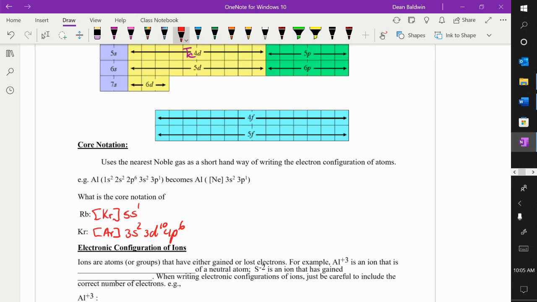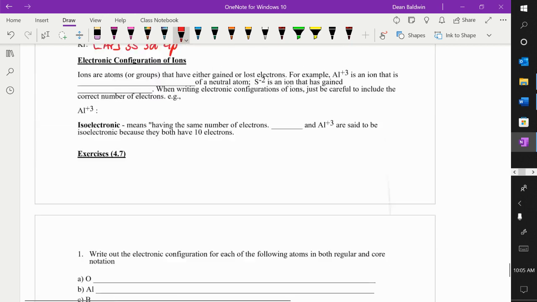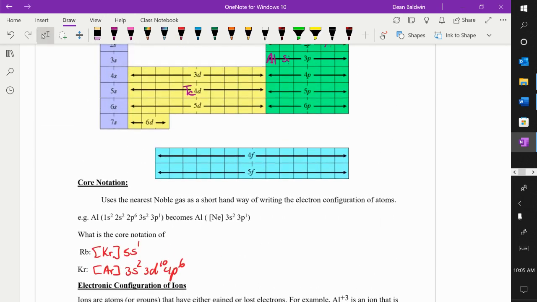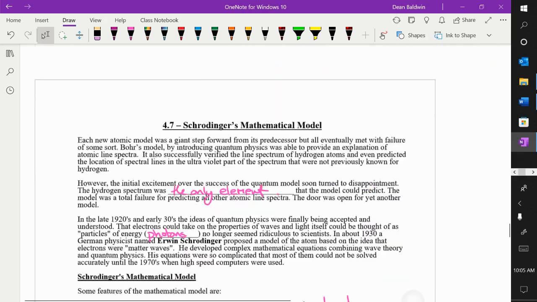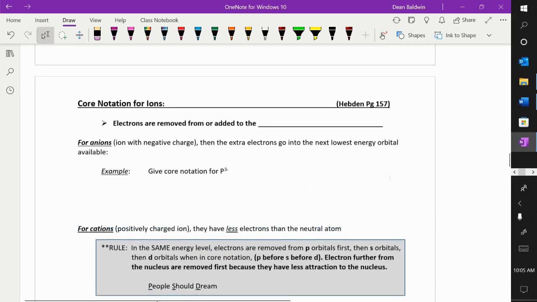We're not going to do ions yet. So if you go back to your other one, the first one I gave you, I know we're all over the place today.